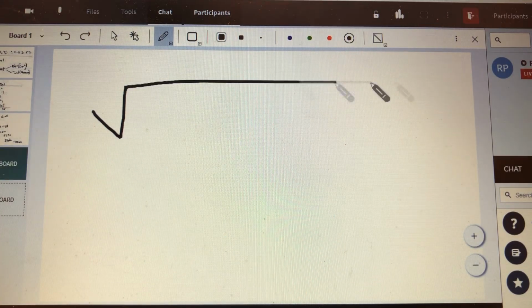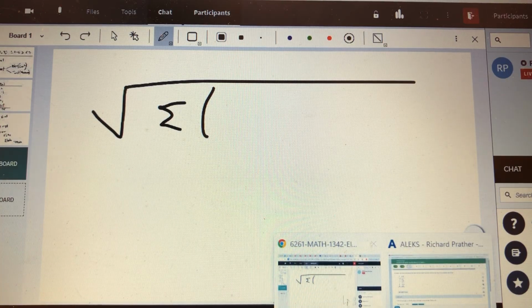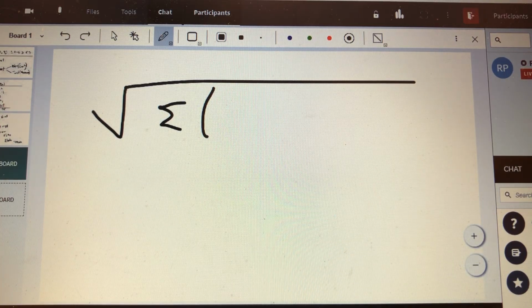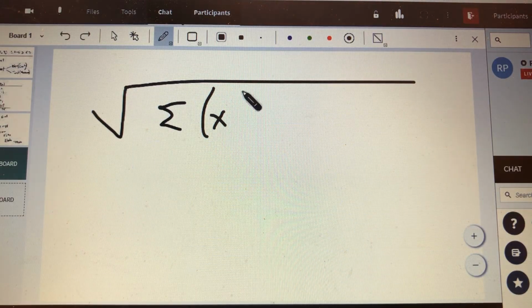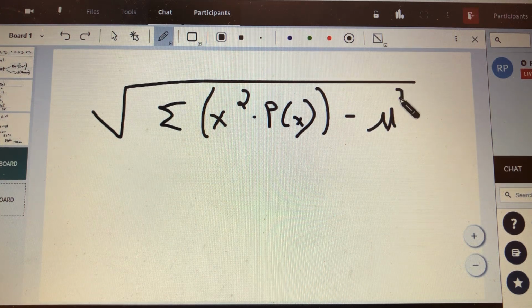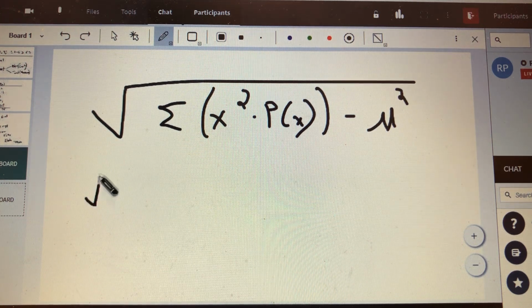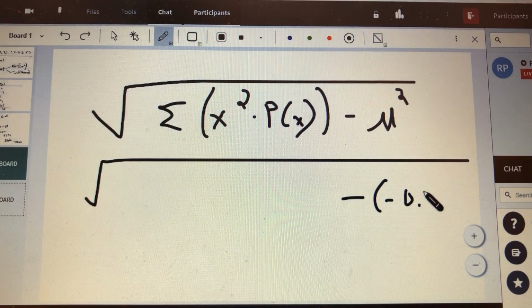Okay, so we're going to take a square root of the sum of x squared times probability of x, and then you minus the mean that you just got squared. So this is the symbol for mean, and that was negative 0.06. So we just got part 1 answer.